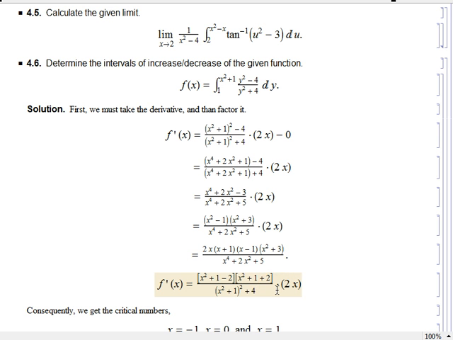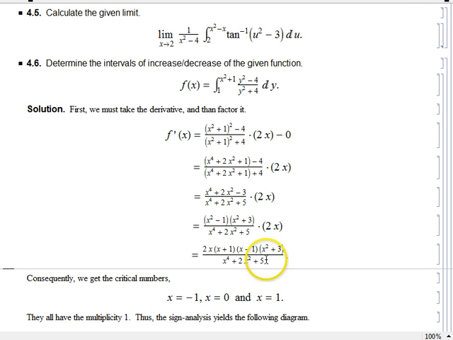So here it is. And if I simplify this, this is going to be x squared minus 1, and this is going to be x squared plus 3. And x squared plus 3 is already irreducible, a square plus a positive number, so I don't have to worry about it. x squared minus 1 can be factored further, and if you do that, you're going to get something like this over here.